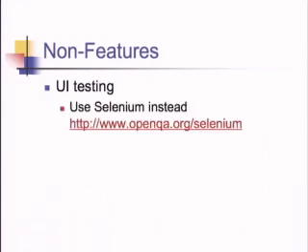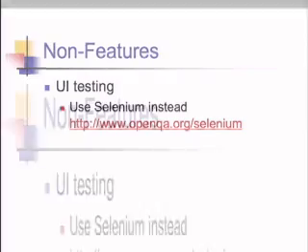Things we don't support with unit testing are UI testing. Specifically, things like, are the pixels in the right place? Does this appear right or look right? Instead, what we suggest is that people use Selenium, an open source, free tool built specifically for UI testing of web applications.